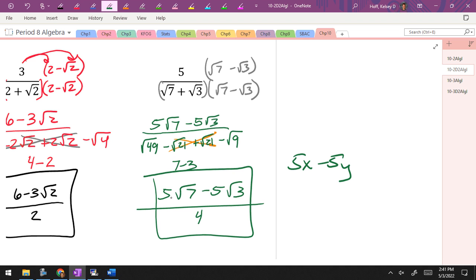Why couldn't you just subtract the square root of 7 and the square root of 3? These square roots are different. 5x minus 5y, could we combine those? No. So square root of 7 and square root of 3, we cannot combine. That's what we're going to work on tomorrow, when you can add and subtract them.